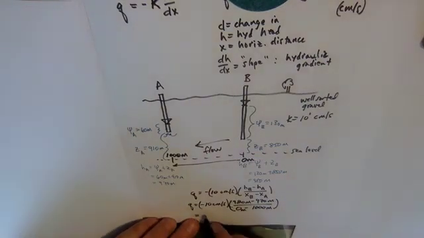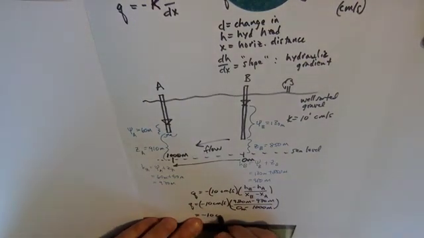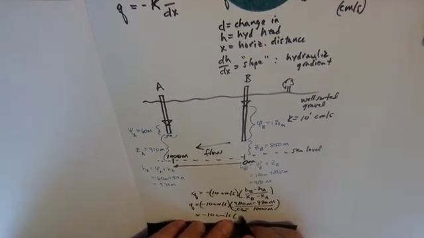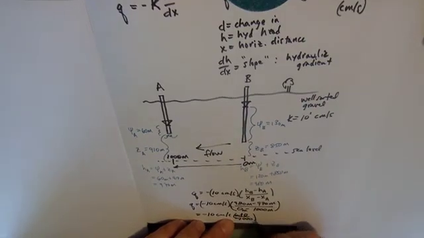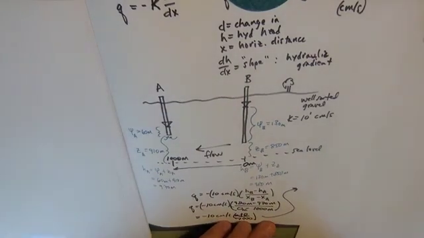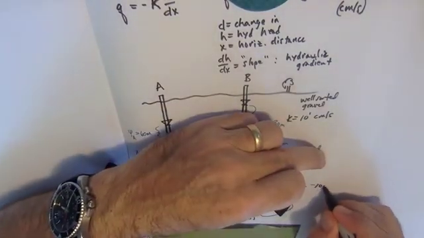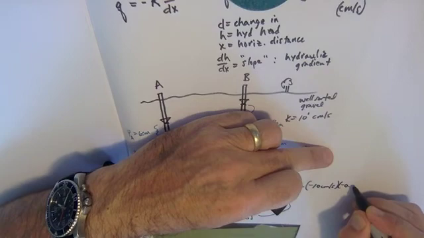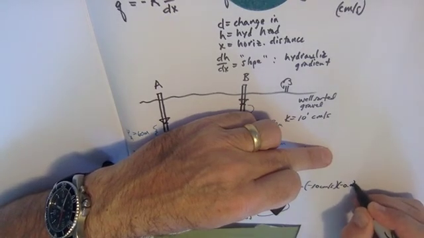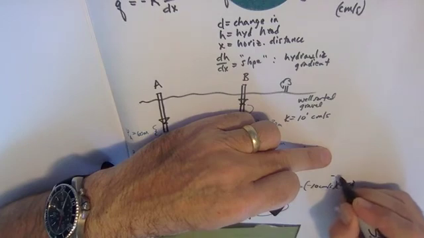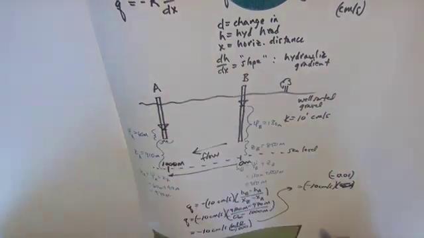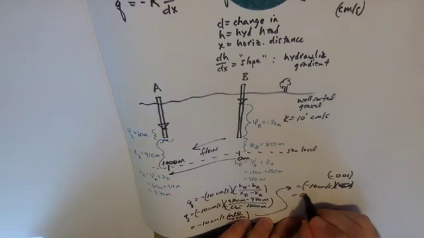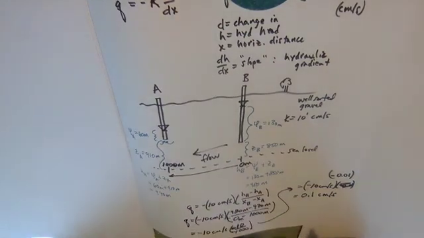And we end up with negative 10 centimeters per second times negative 10 over negative 1,000, which equals negative 10 centimeters per second times negative 0.01, which is equal to 0.1 centimeters per second.